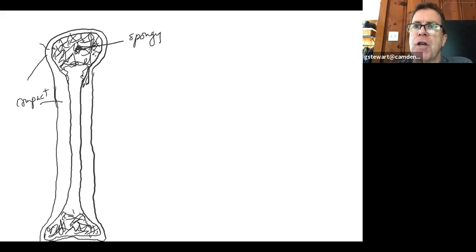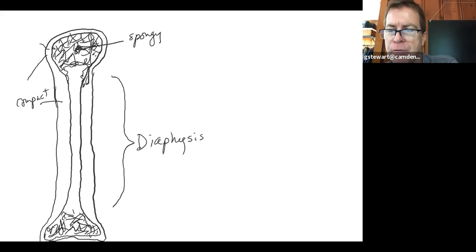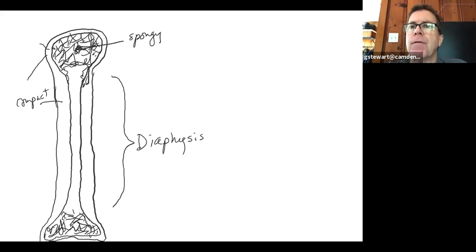First, the shaft of a typical long bone has a scientific name called the diaphysis. And I'm going to use this language both verbally when I talk for the rest of this unit, as well as on quizzes. The ends of a typical long bone are called the epiphysis.